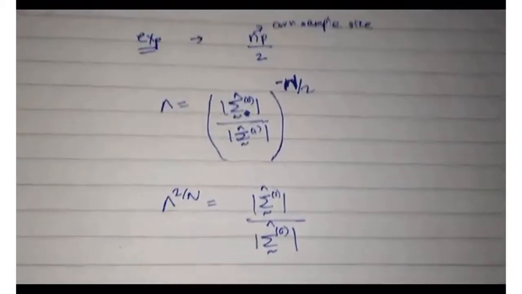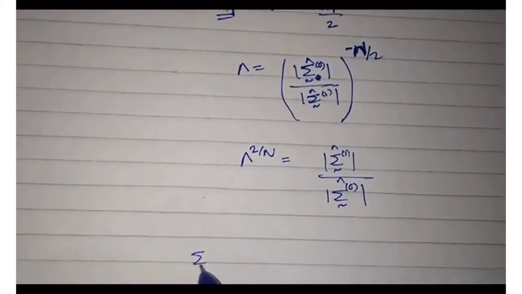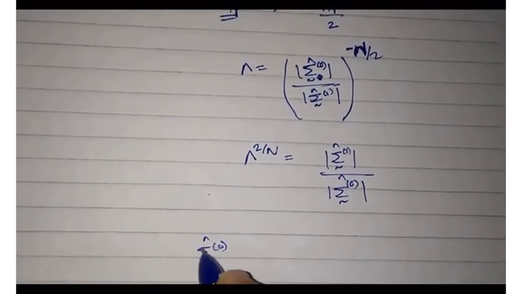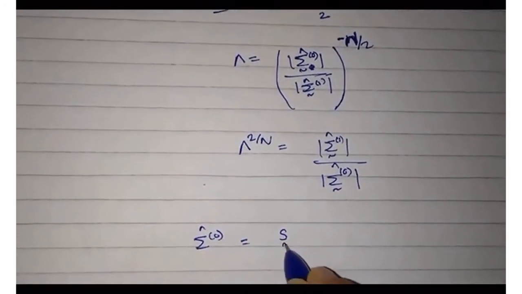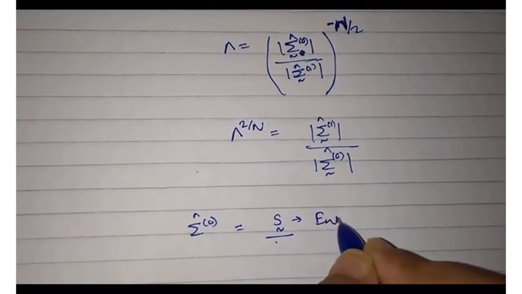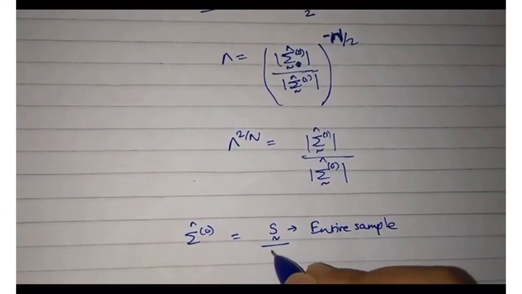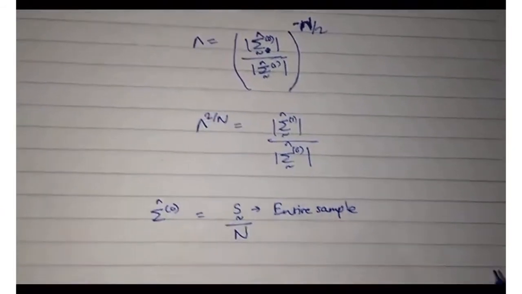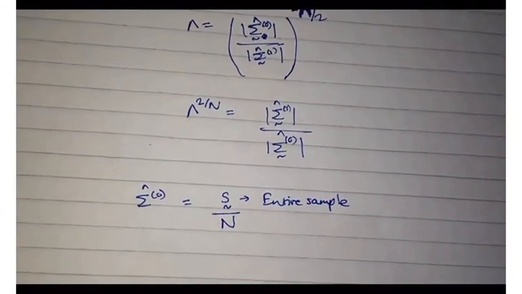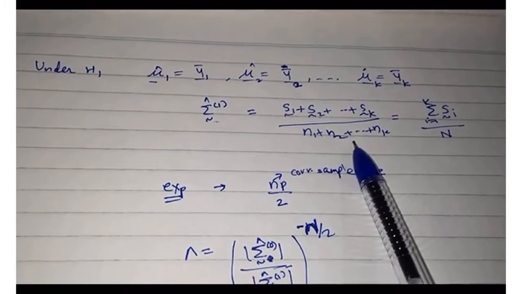Now, what is sigma naught hat? Sigma naught hat comes from the total S, based on the entire sample, divided by capital N. And what we know is that this sigma 1 hat is actually this.